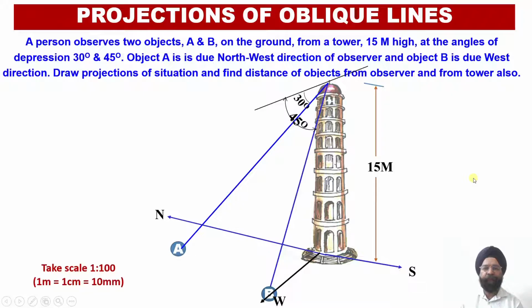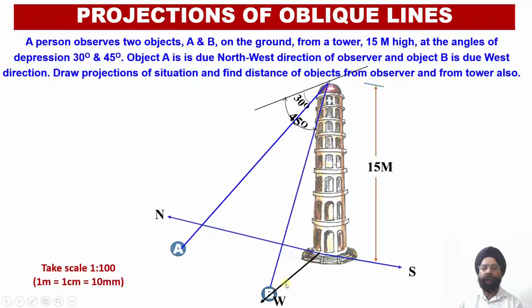Using this real life environment, first of all we have to convert this situation into orthographic projections: the front view corresponding to the strings OA and OB, that is O dash A dash and O dash B dash, and similarly the top view projections of the strings OA and OB.